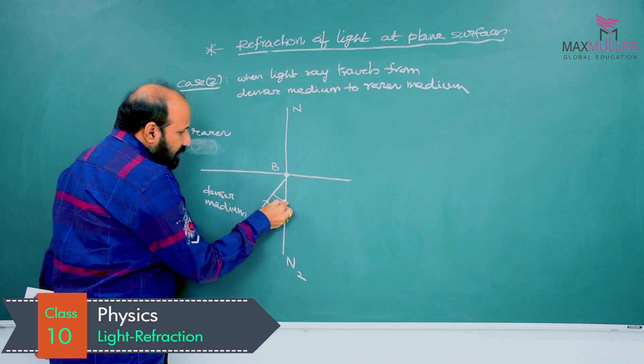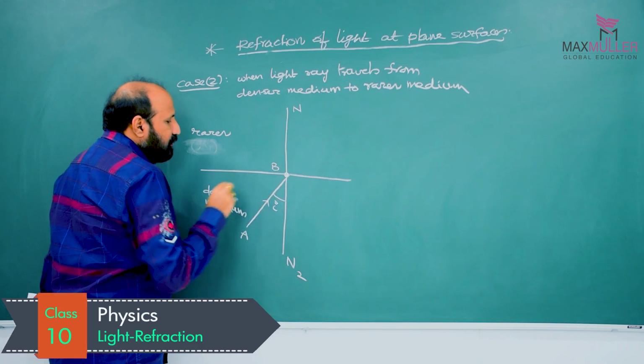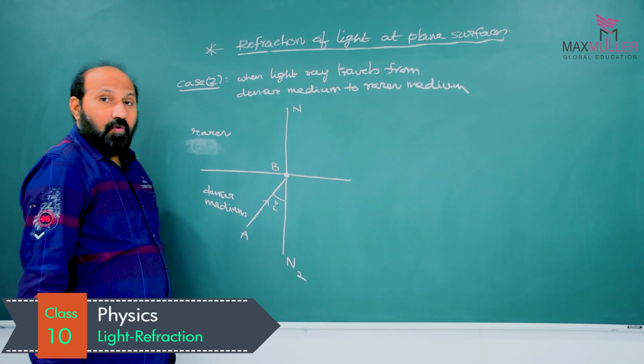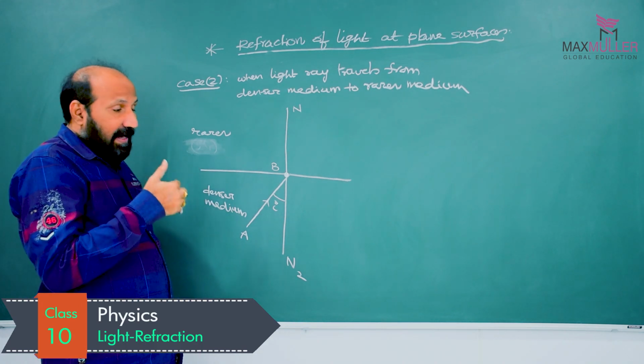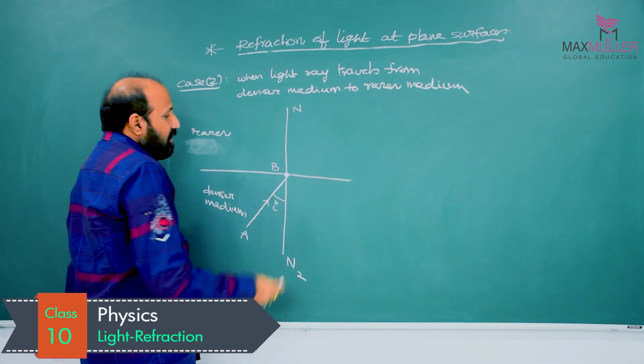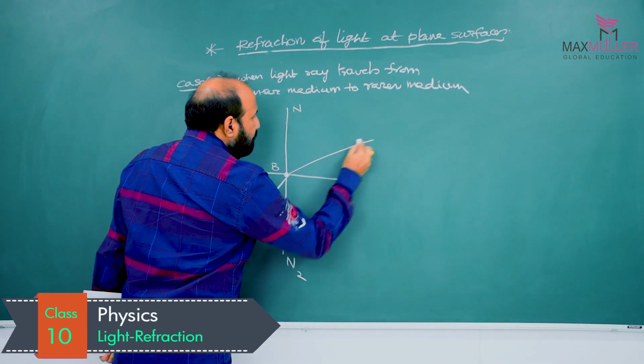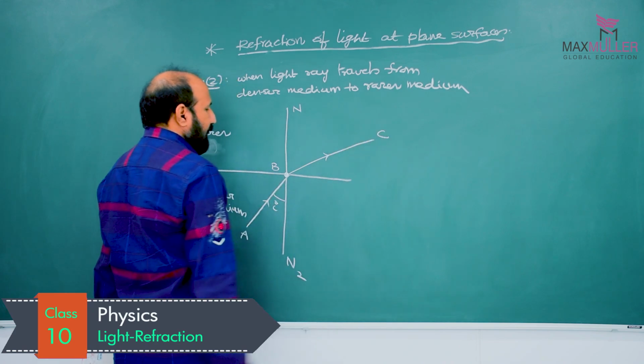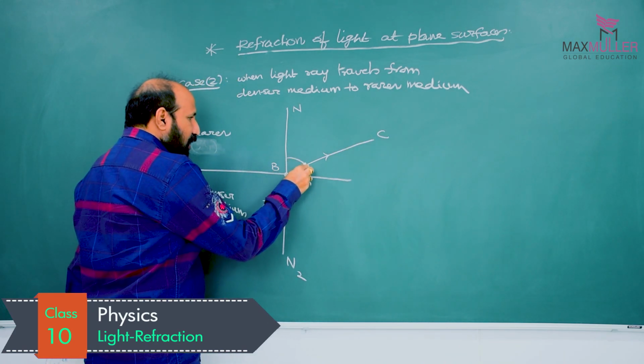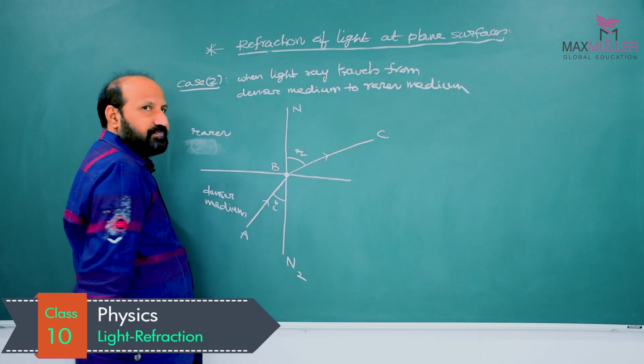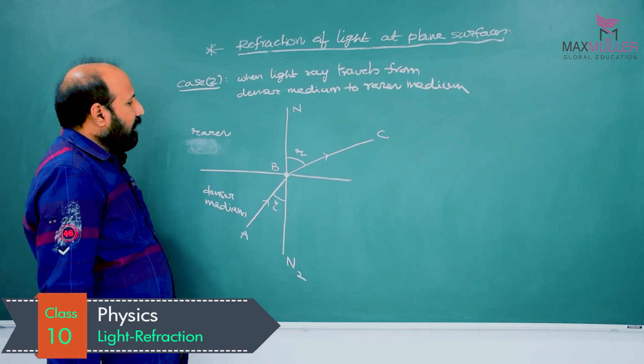This is angle of incidence, always angles being measured with normal. When it travels from denser to rarer, it bends away from the normal. This is a refracted ray, and this is called angle of refraction.